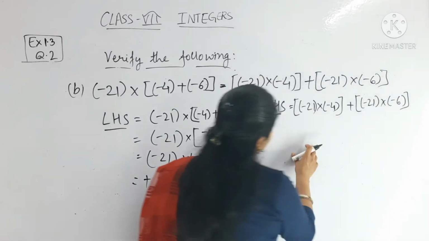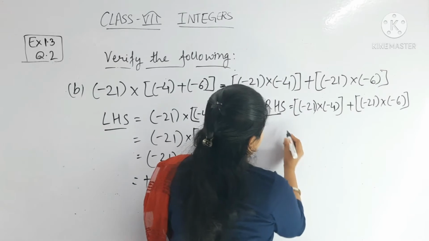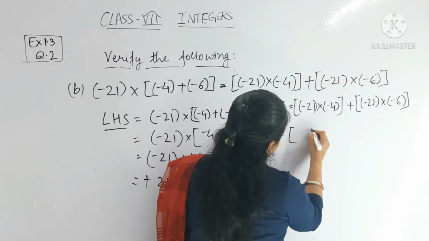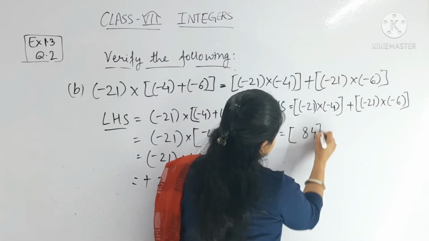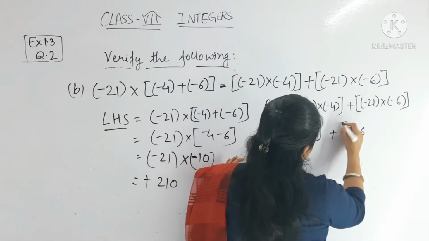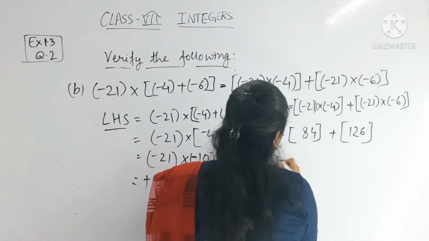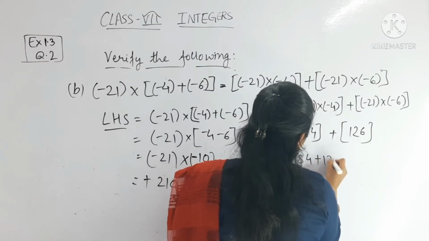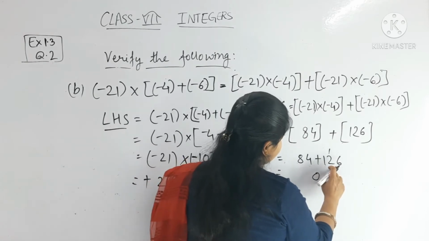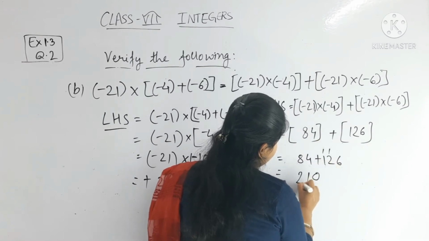We have to solve the bracket parts separately, then add the two integers. So what will come: 4 ones are 4, 4 twos are 8, minus minus is plus. Then 6 ones are 6, 6 twos are 12, minus minus is plus. So here 84 plus 126: 6 plus 4 is 10 and 1 is balance. 8 plus 2 is 10, 10 plus 1 is 11, and 1 carry, 210.